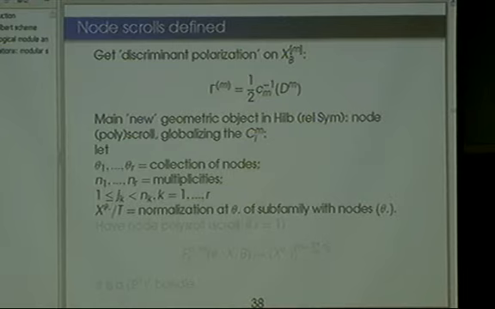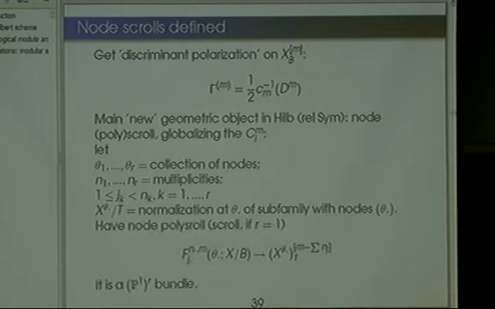And then we have this P1 to the R bundle, which I denote by this F with this other decoration. It is a P1 to the R bundle over what? Over the Hilbert scheme of this lower degree, associated to this lower genus curve.